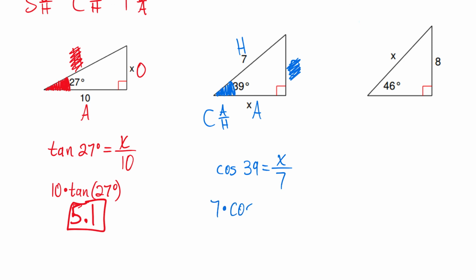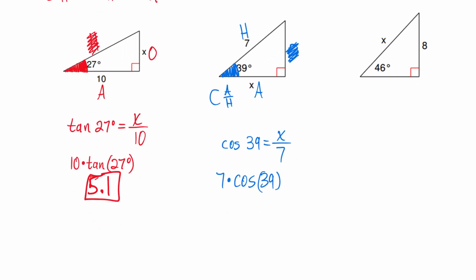So I'm going to do 7 times the cosine of 39. And 7 times cosine of 39, what does that give you? Okay, it gives you 5.44, is that right?